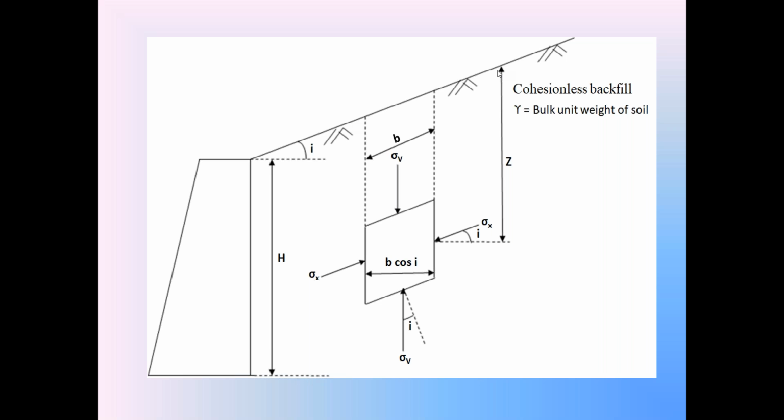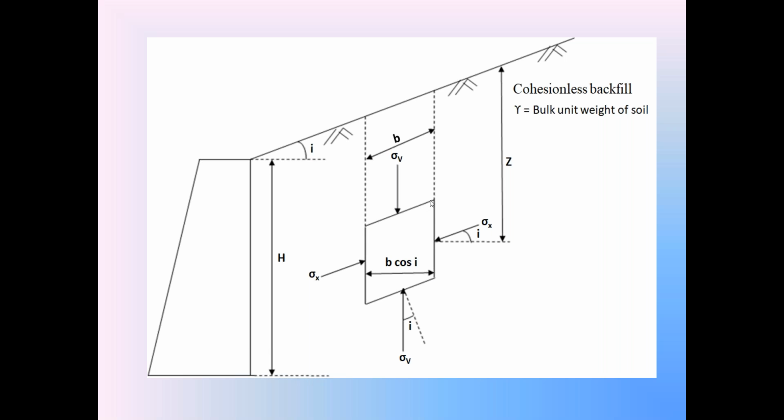So we consider the soil element at a depth z from the top of the backfill. The top surface of the soil element is parallel to the top surface of the backfill. Backfill is an inclined surface, so the element top surface is also inclined, the top as well as the bottom, whereas the other sides of this element are the vertical sides.